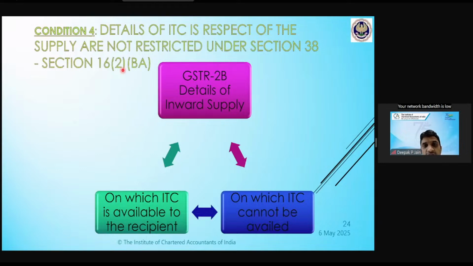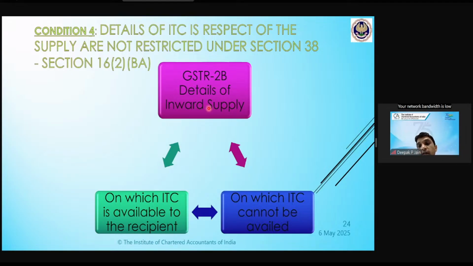Fourth condition is details of ITC in respect of supply are not restricted under section 38. This is a new condition which says that in your GSTR-2B you will now see two columns. So when Prime Hardware receives the goods, then Maruti Traders is deemed to receive; both are deemed to be received, because it was actually received by him, and from me it will be deemed to be received, so both can claim the credit.